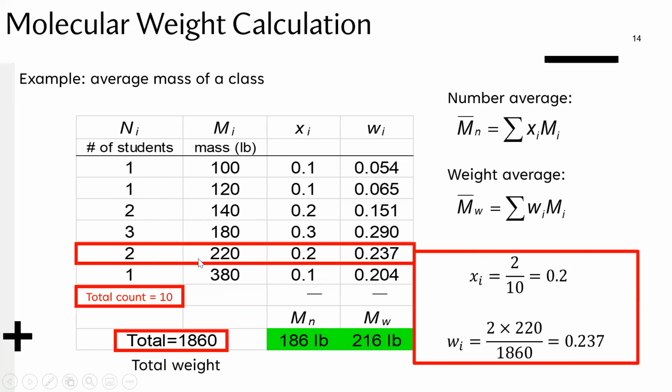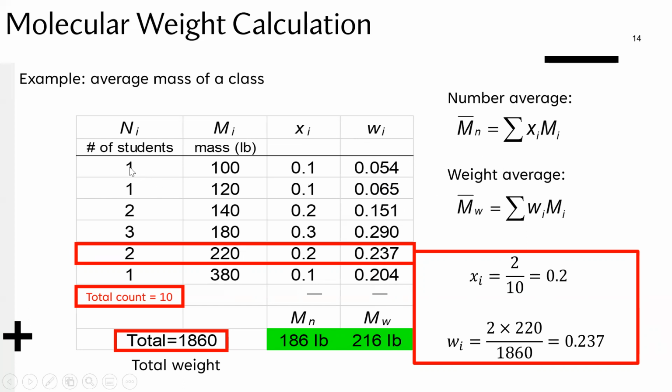So you calculate by multiplying this number fraction by that weight, and then you sum up all of the x_i times M_i in order to find your overall value. And then you report that as your number average.